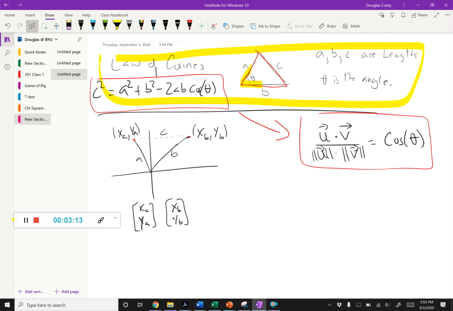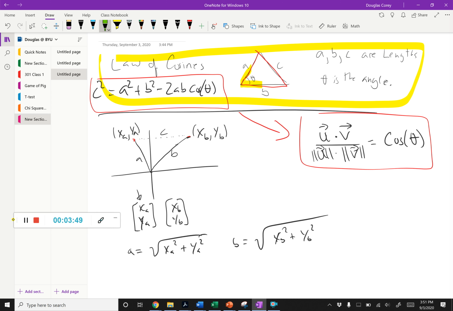So a squared is the length of a squared. The length of this thing is a, and to get that length, a is the square root of x a squared plus y a squared, and b is the square root of x b squared plus y b squared.